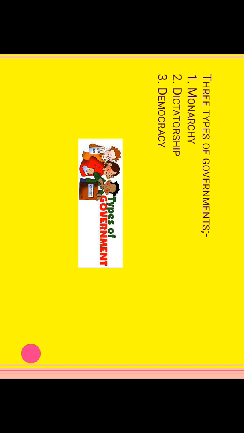The third type of government, which is an ideal kind of government, is democracy, which we Indian people have. So you all know, as we have read it, we have discussed it in our previous chapters also. Democracy is a government made by the people, for the people, and of the people. Such a government is made by people's elected representatives who govern the country for a fixed time period.